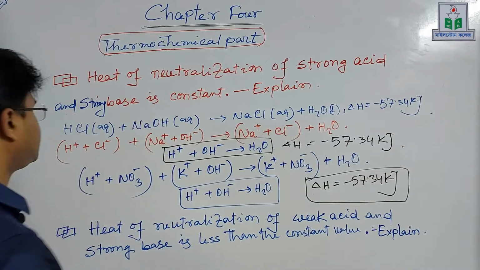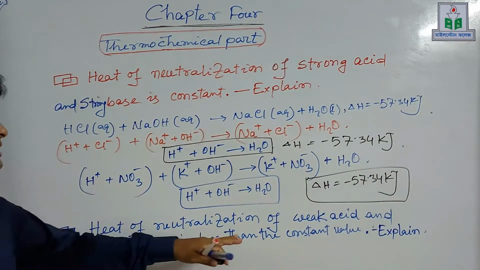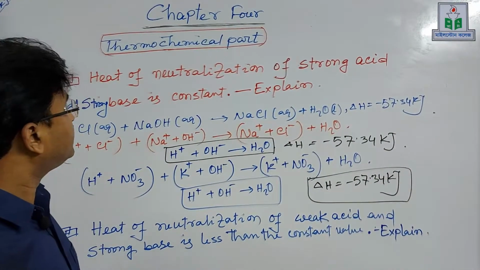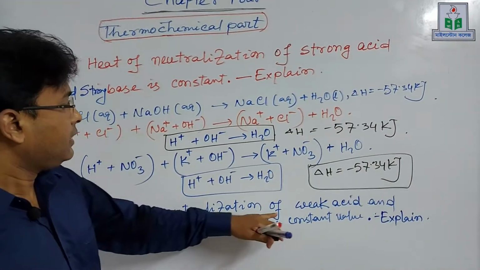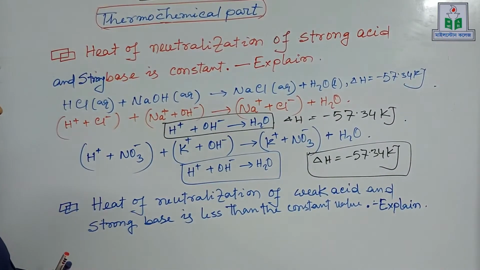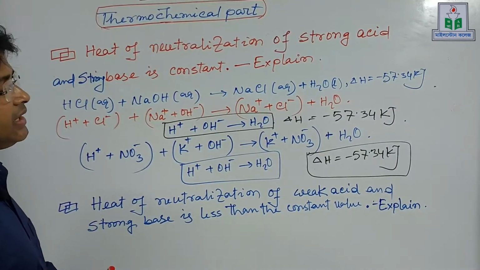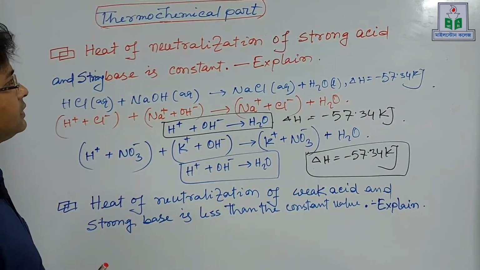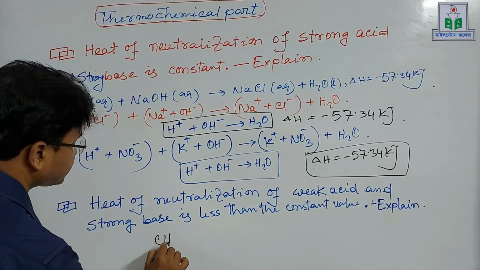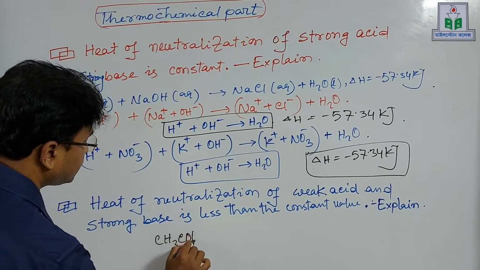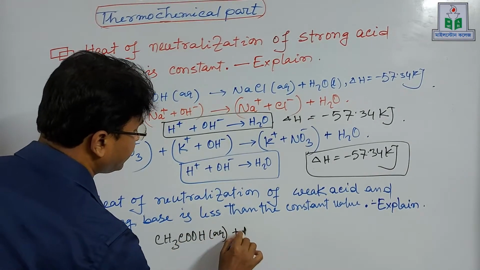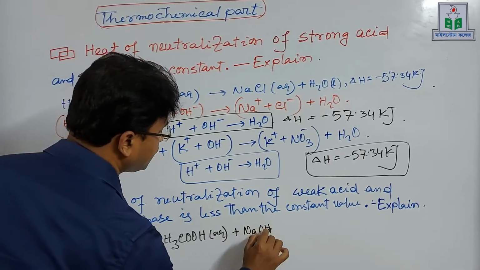And again, dear students, heat of neutralization of weak acid and strong base is less than the constant value. Look at the whiteboard. Suppose this is ethanoic acid. You know that ethanoic acid is a weak acid and sodium hydroxide is a strong base.